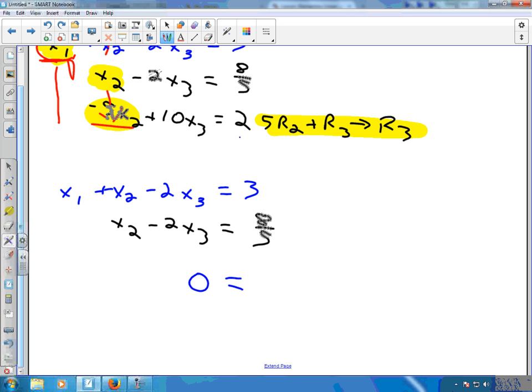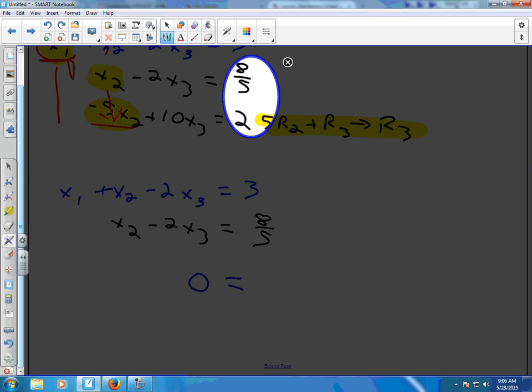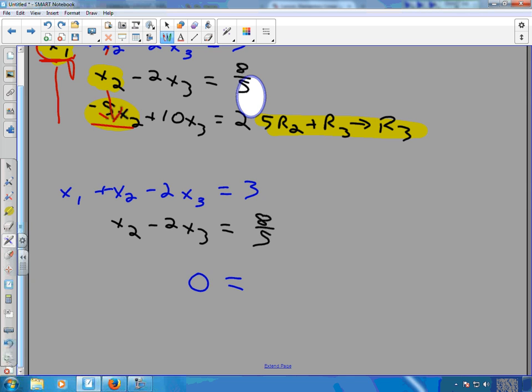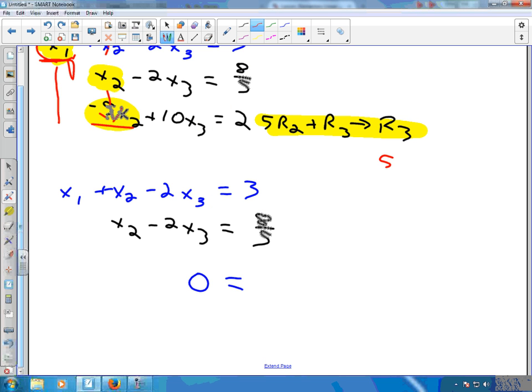Now if we apply that to these, if we do 5 times the top one plus the bottom one, we get what, 10?